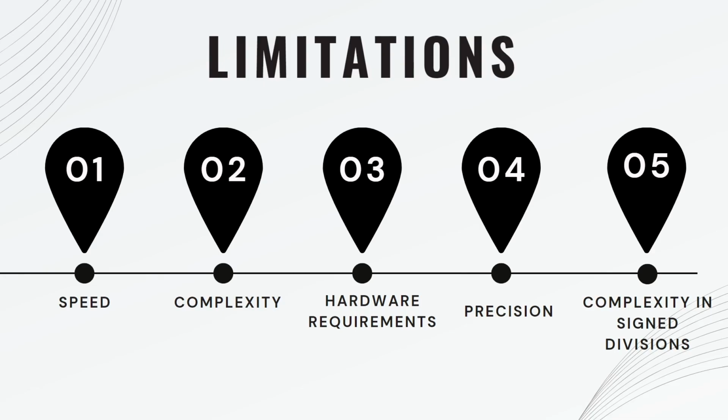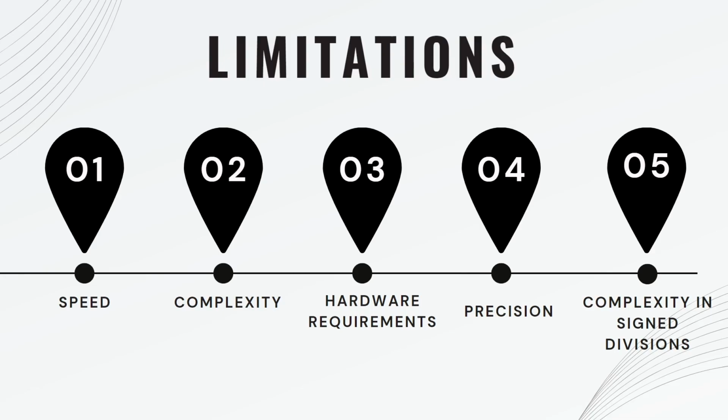So coming to the next, complexity. The restoring method requires a more complex hardware or software implementation compared to other division algorithms. It involves maintaining and updating multiple registers to store intermediate results, which can increase the complexity of the overall division operation. So next is precision.